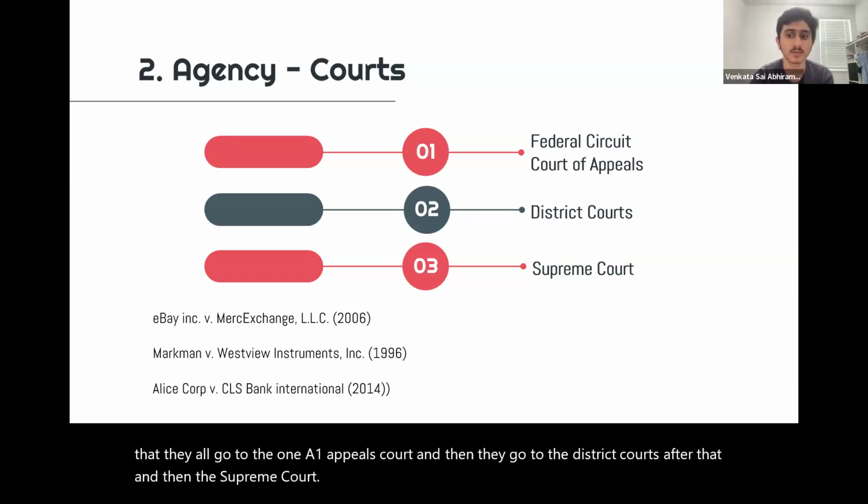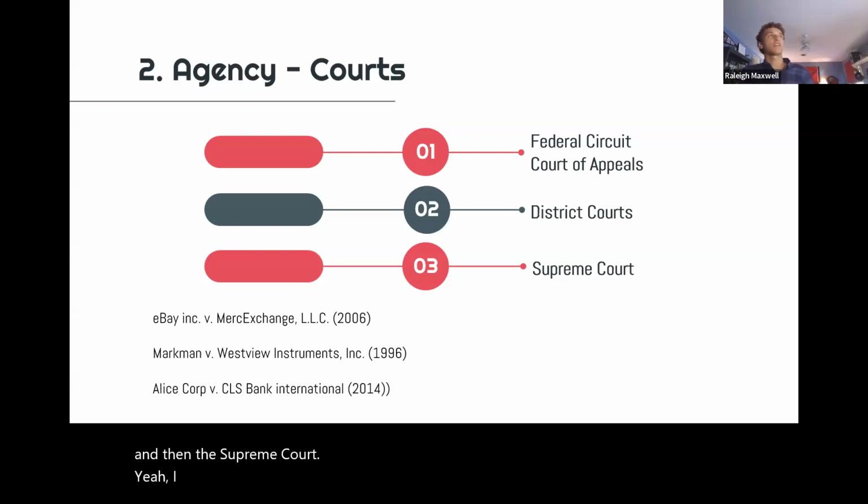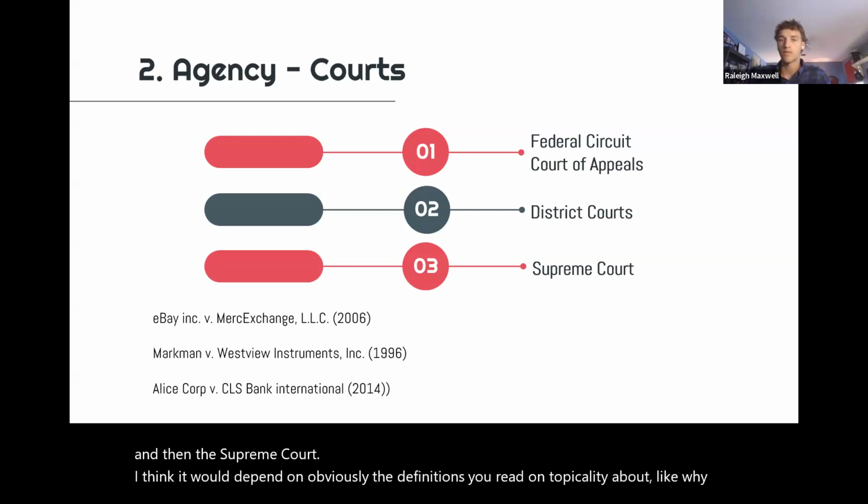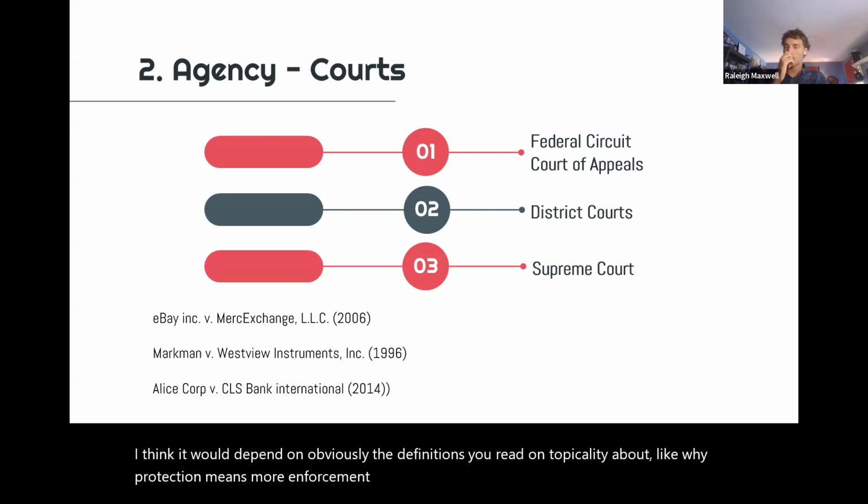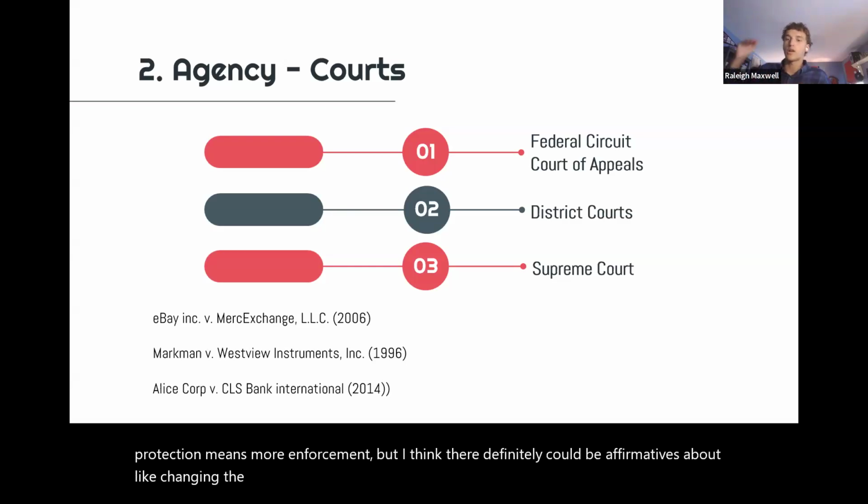Would you think there would be any affirmatives that would redirect all of this to the USPTO and create a sub branch of that? I think it would depend on the definitions you read on topicality about why protection means more enforcement, but I think there definitely could be affirmatives about changing the process by which patents are enforced if they're infringed, right?